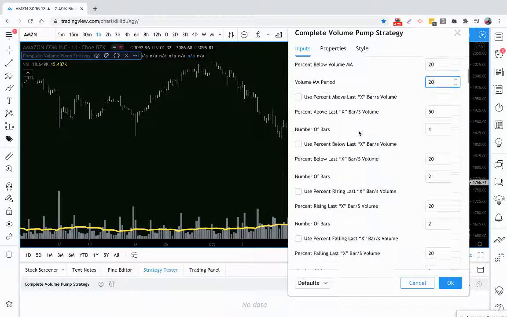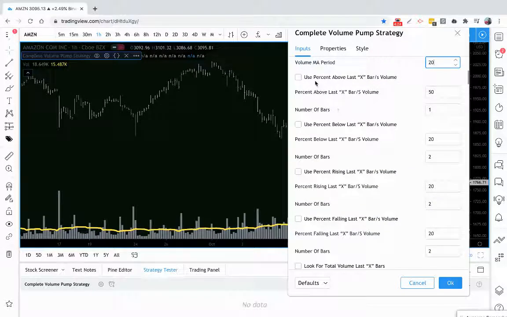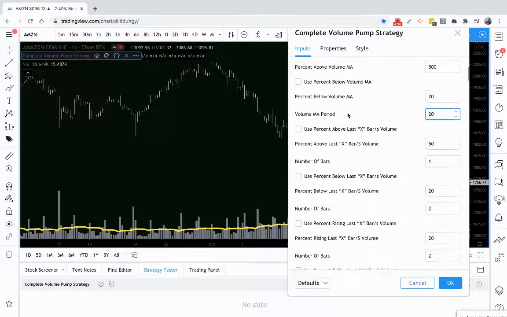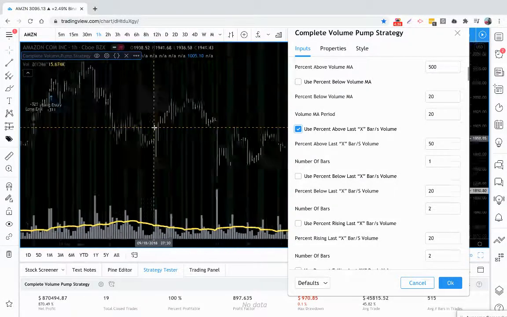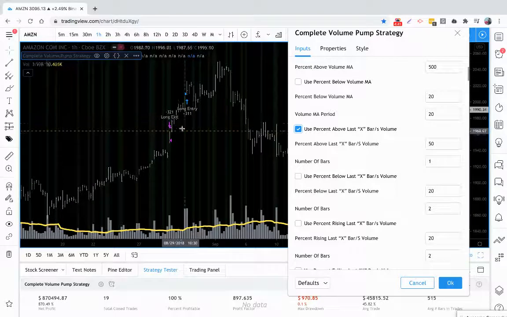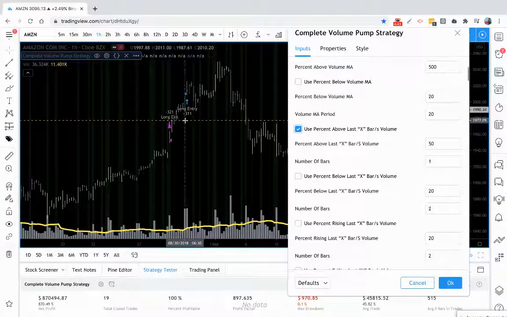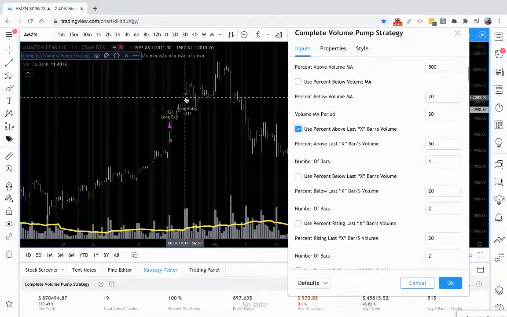Okay, moving on. We have use percent above last bar's volume. Say I want to find bars that are 50% higher than the last bar. I can do that by selecting this. Here we go, we have our first entry here.